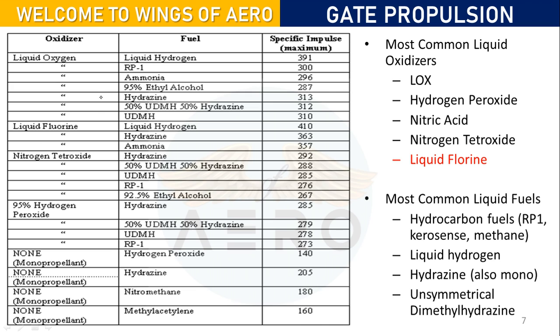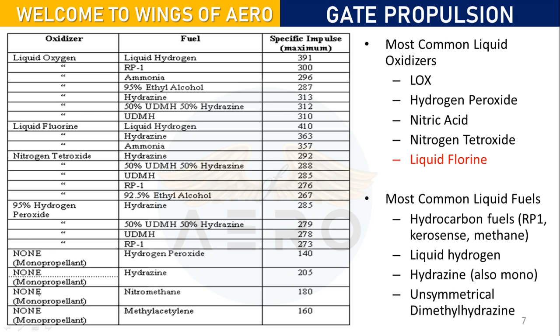The best one is liquid oxygen and RP-1, which we sometimes call kerosene. Then liquid oxygen and hydrogen is another bipropellant combination. Then another is liquid fluorine and liquid hydrogen. All those are bipropellant combinations, where we have the oxidizer and the fuel.